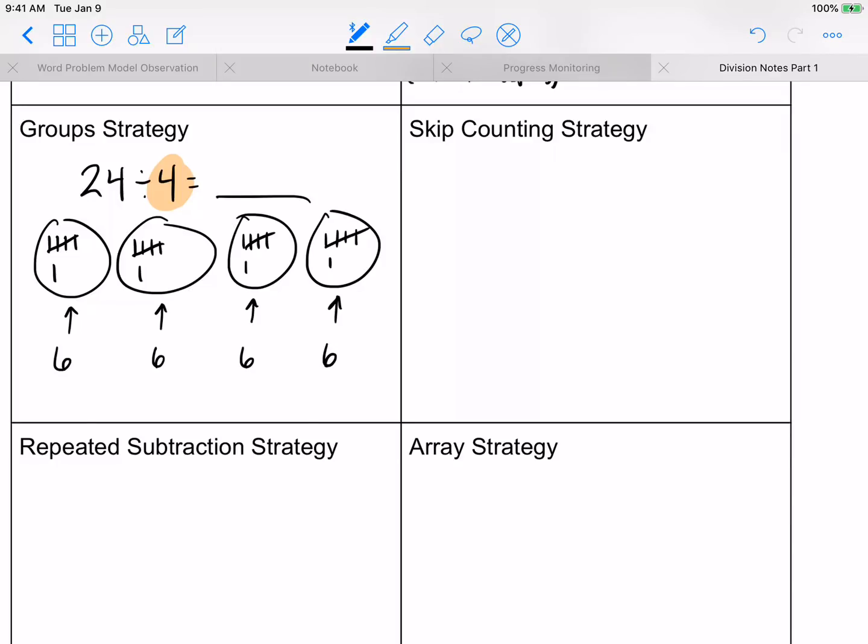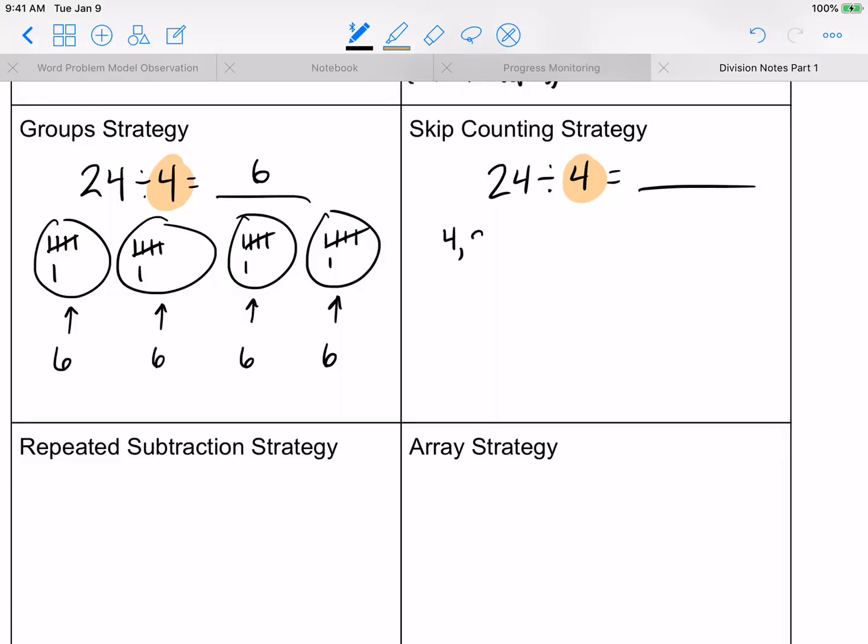For skip counting, the quotient is going to be 6 here. If we're skip counting, we have the same problem. I'm going to skip count by 4 until I get to 24, and then I'm going to count how many times I've skip counted. So we can use skip counting easily for multiplication and division.